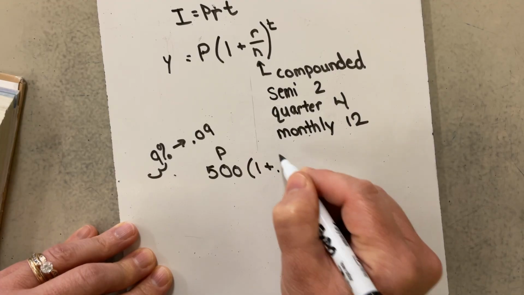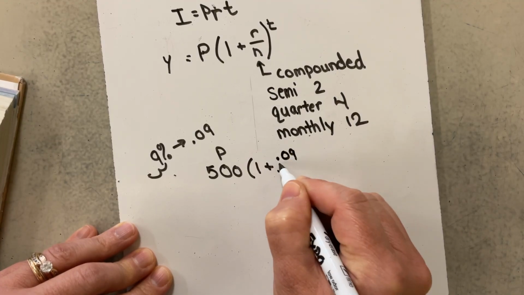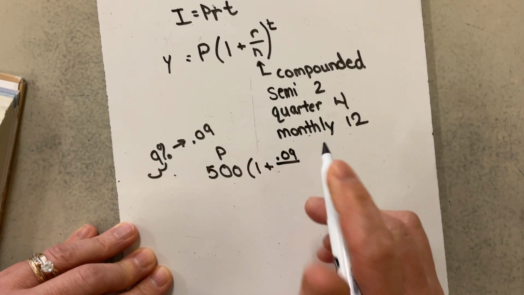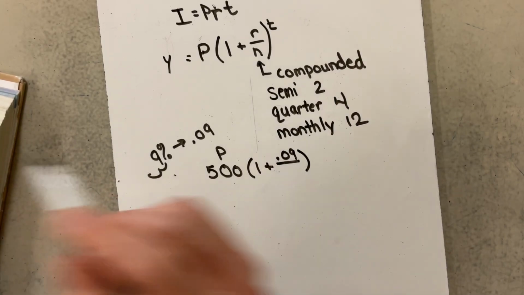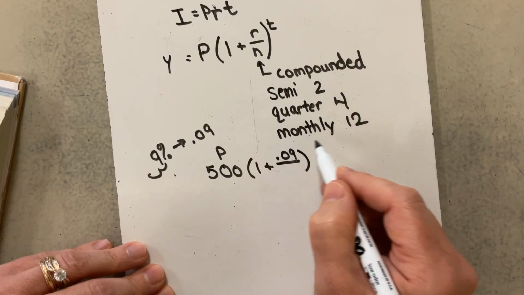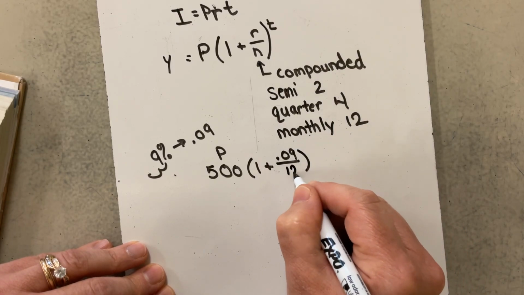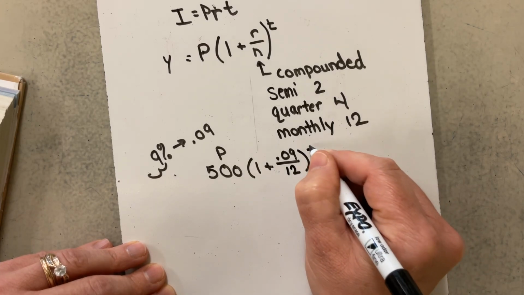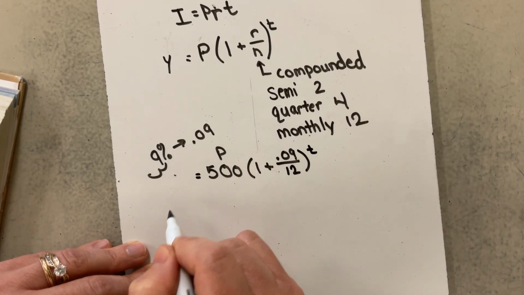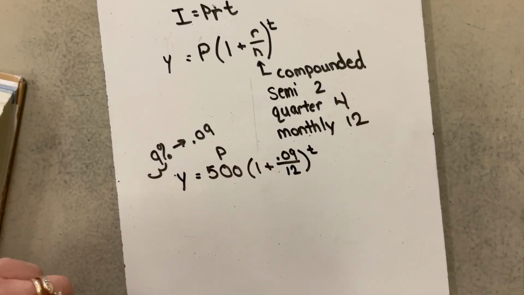Okay, so 0.09. But how often is it going to be compounded? Okay, and it's going to be compounded monthly. Well, monthly, there are 12 months in a year. Okay. And then we're just going to put T for however many years.